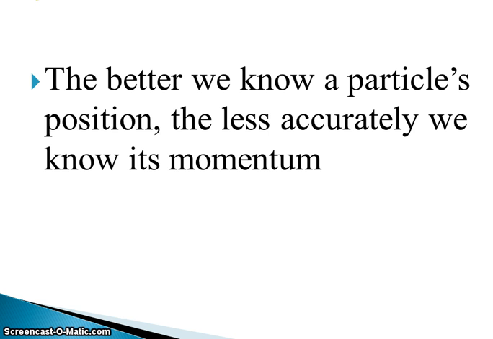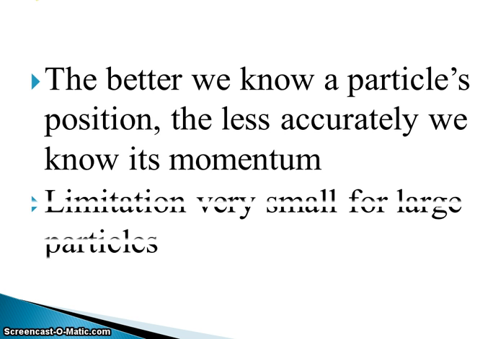So the better we know a particle's position, the less accurately we know its momentum. Now, this limitation is very small for large particles, so you don't deal with it so much in physics, but it's much more important when you talk about very small particles like electrons.